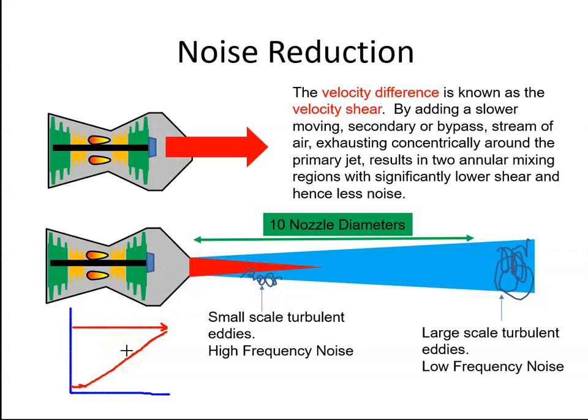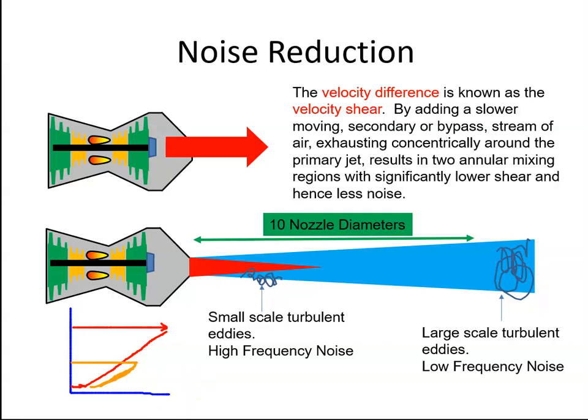One way of reducing that turbulence is to add another layer, a mix of the fast moving air and the slow moving air. Let's just say it's there. Okay, and now the gradient is that. So there's less shear. Less shear is less turbulence, and less turbulence is less noise.